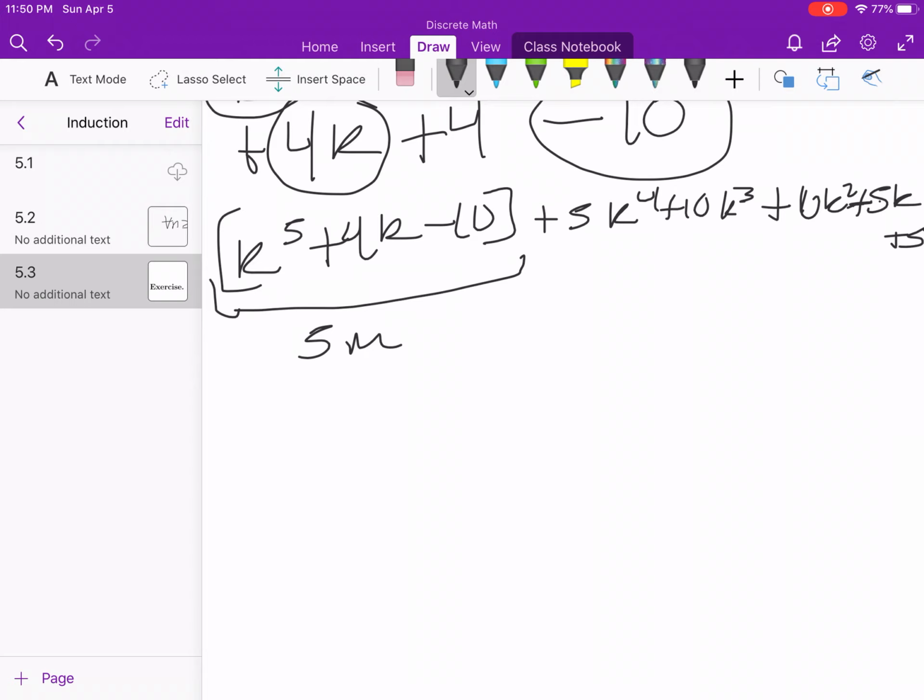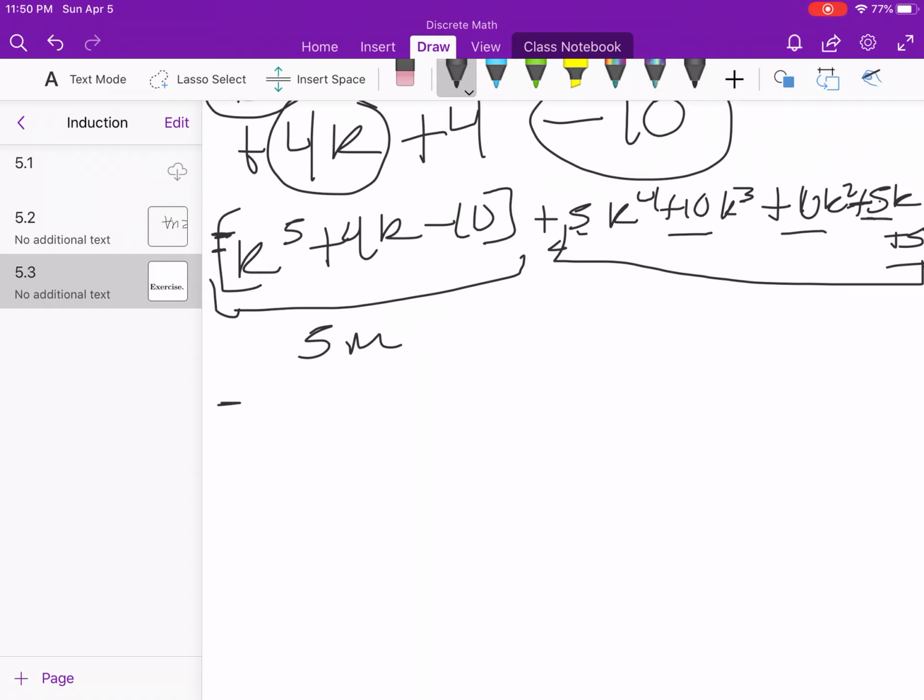But notice also this whole thing over here. This 5 is a multiple of 5. This is a multiple of 5. 5, 5, 5. So what can I do? I can pull a 5 out of everything. So I forgot my equal sign over here.